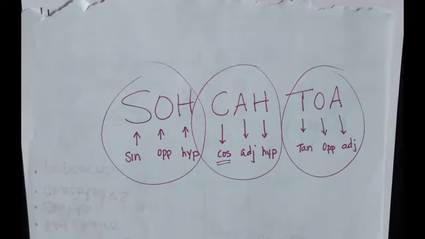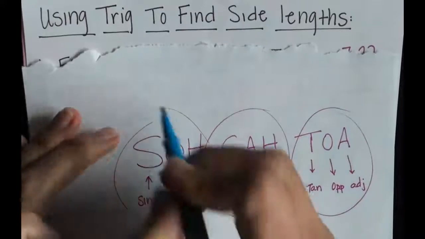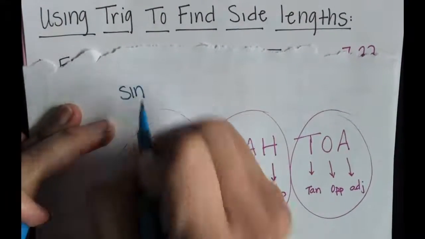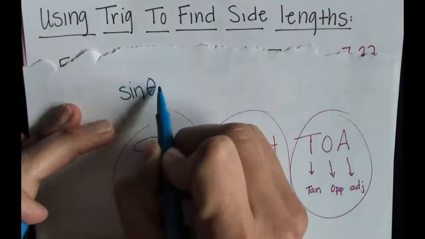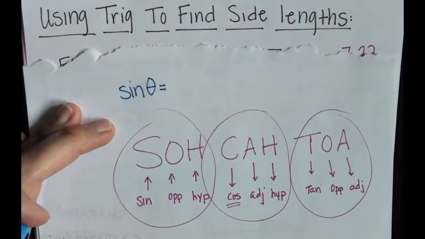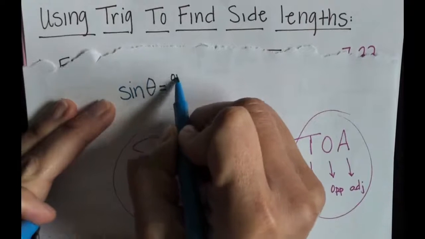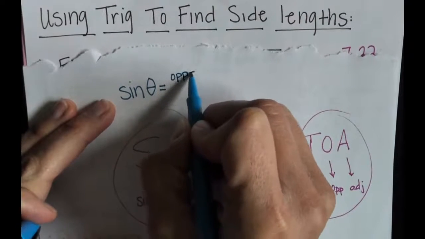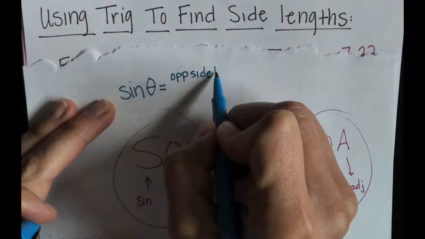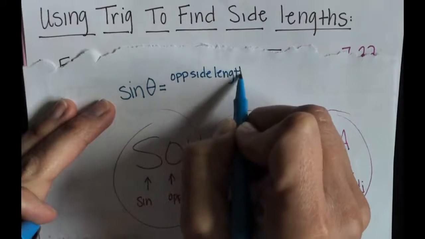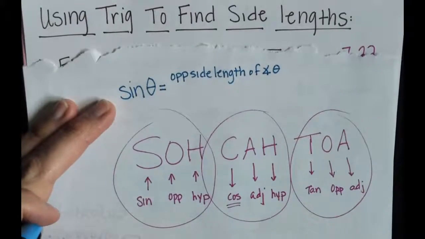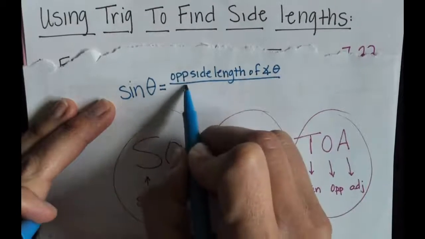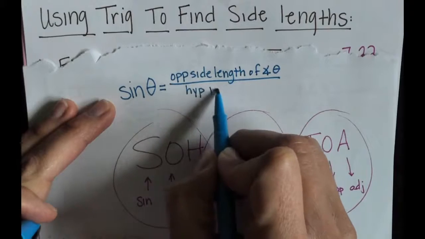We have to remember that our sine definition is sine of some angle equals, so now we have an equation, the opposite side length of whatever the angle is we're talking about over the hypotenuse length.